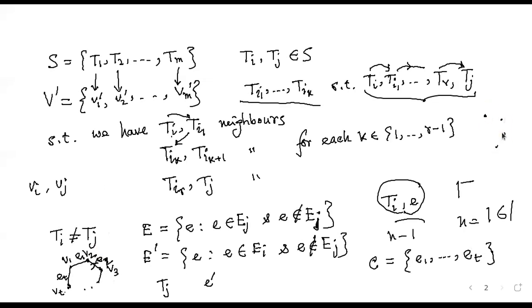Say you have a cycle and you just remove one edge from it, this one. You can still travel from every vertex to every other vertex in the cycle.